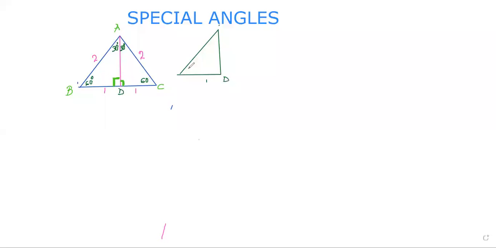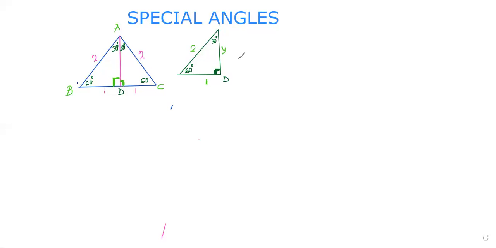There's one here, 60 degrees there, 30 degrees here, a right angle there, a right angle there. So this side here is 2 units, one here, and we need to get Y, what that value is there.